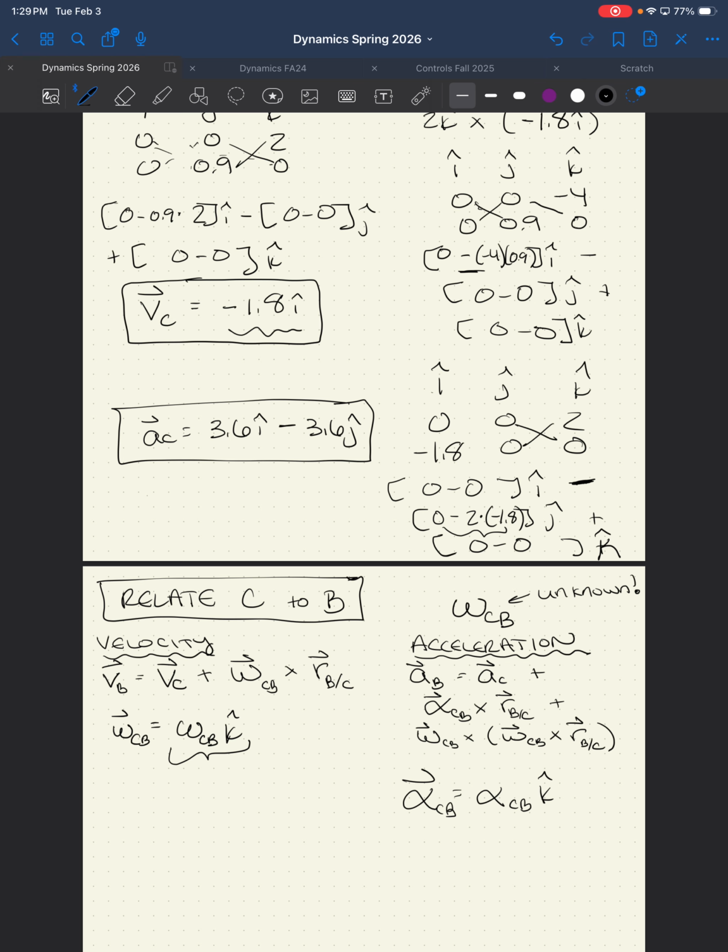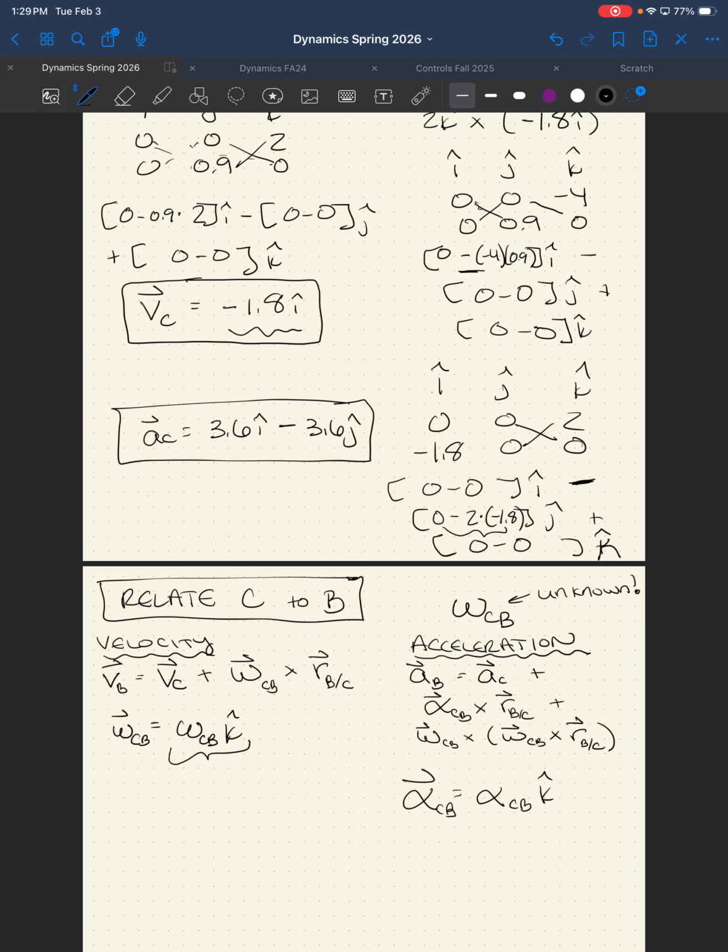I hat: 0 minus negative 0.6 times omega CB. J hat: 0 minus negative 0.6 omega CB. And then k hat: 0 minus 0.